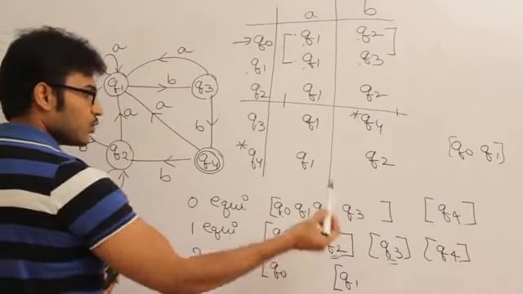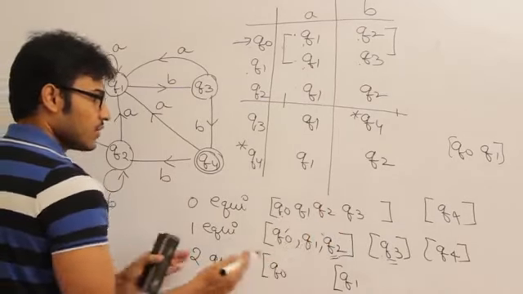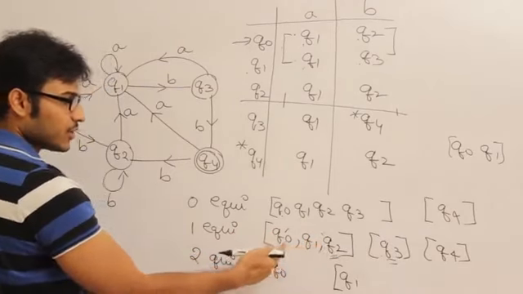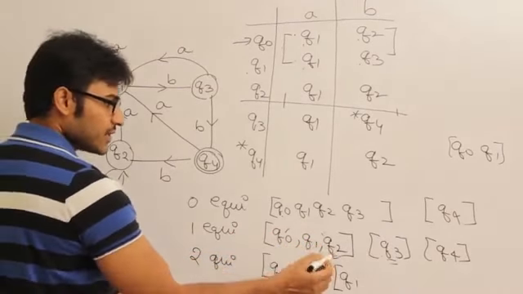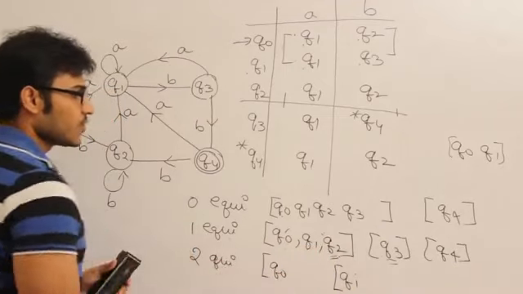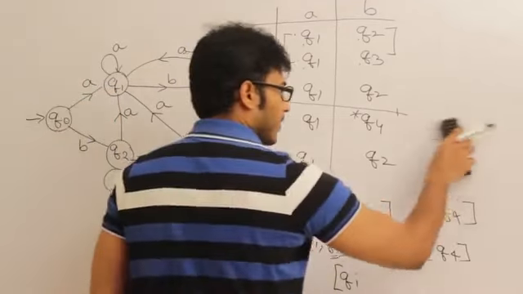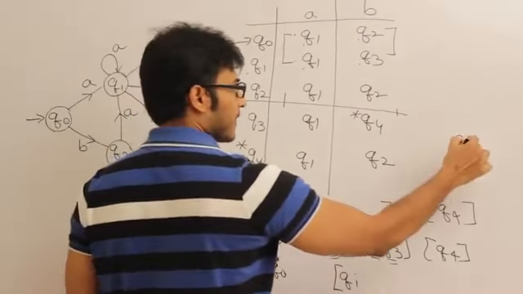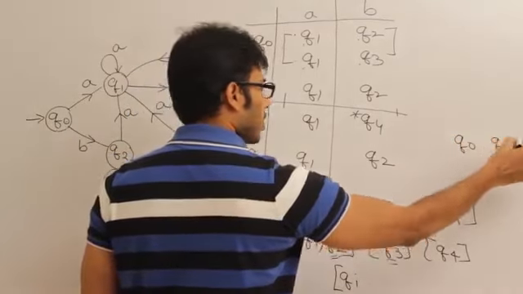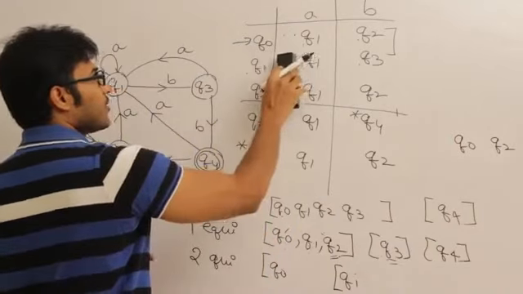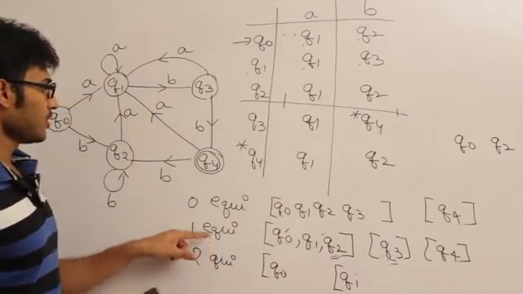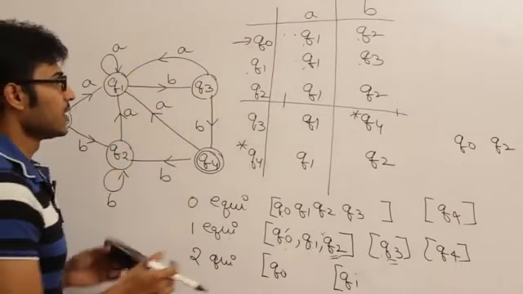Now what about Q2? Q0 and Q1 both got separated. I don't know whether Q2 is equivalent to Q0 or Q1. Where should I place it, here or here? So I'll just check it. Let me see if Q0 and Q2 are equivalent. In order to check for 2 equivalent, go to the 1 equivalent and use this table.